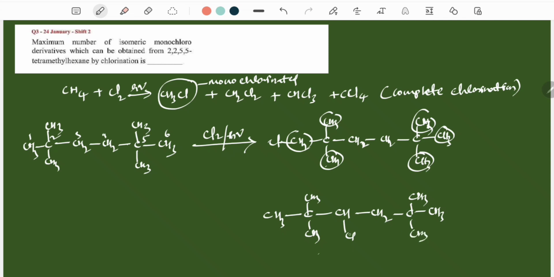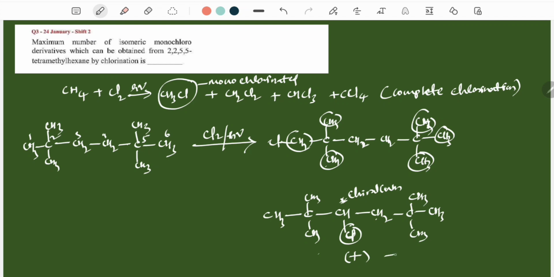Now when one chlorine attacks, it gives a chiral center. So it attacks at this position or this position. They have the same name. Both have the same name. So it has two isomers.